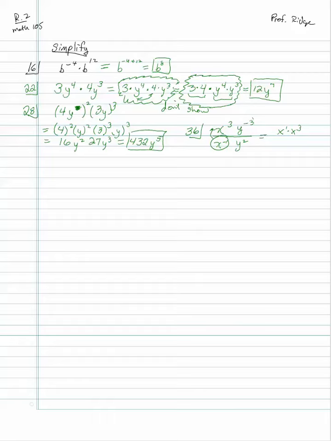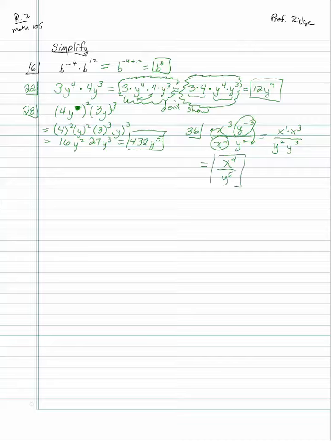And then this y to the negative 3, I can move it to the bottom and think of it as y to the third on the bottom. Okay, so then on top, I'm going to add the exponents, x to the fourth, because those bases are the same. Bottom, add the exponents.